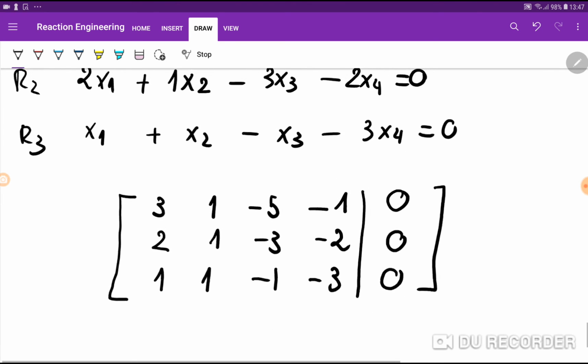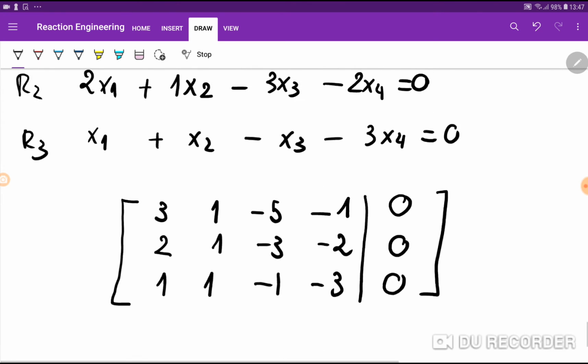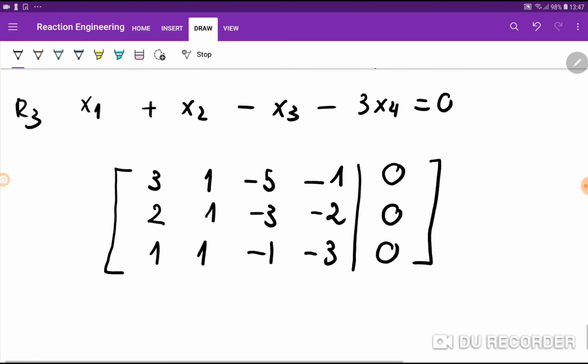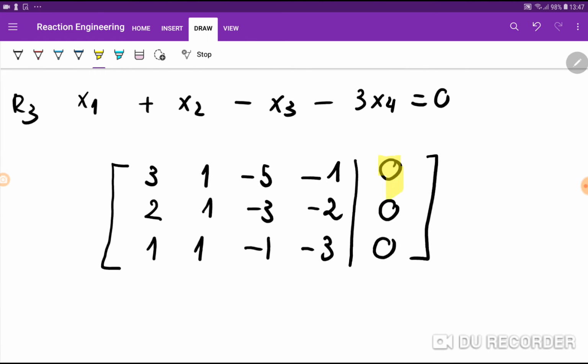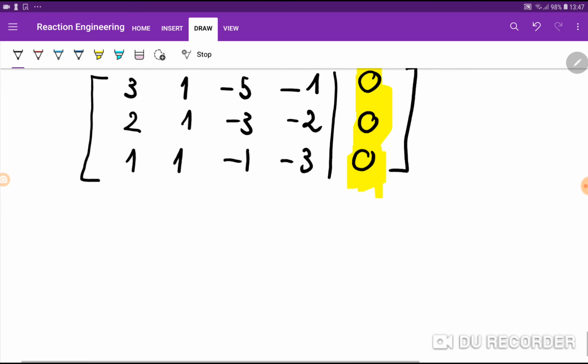I forgot the term for this, but I believe there's a way you can call it. Since this is all 0, very important here, you can rewrite it like this.